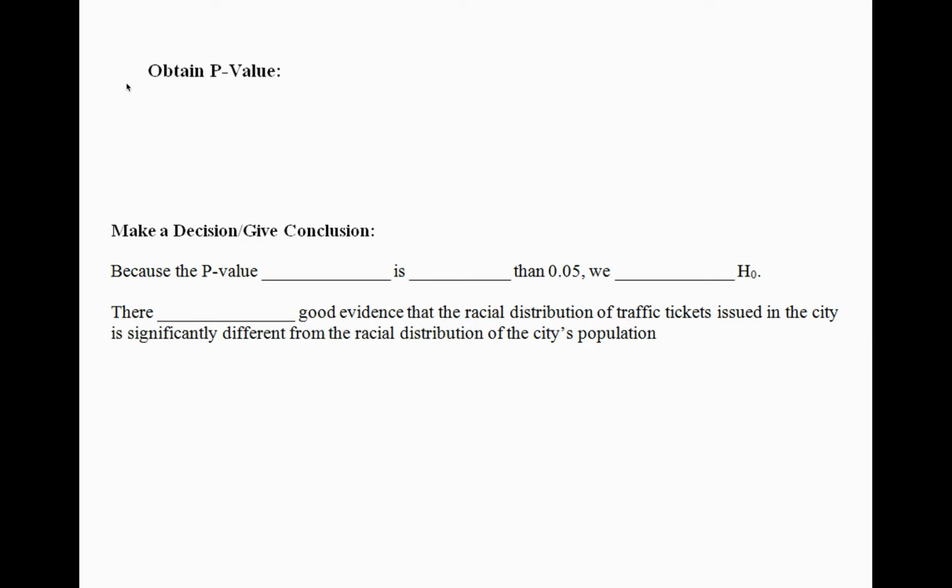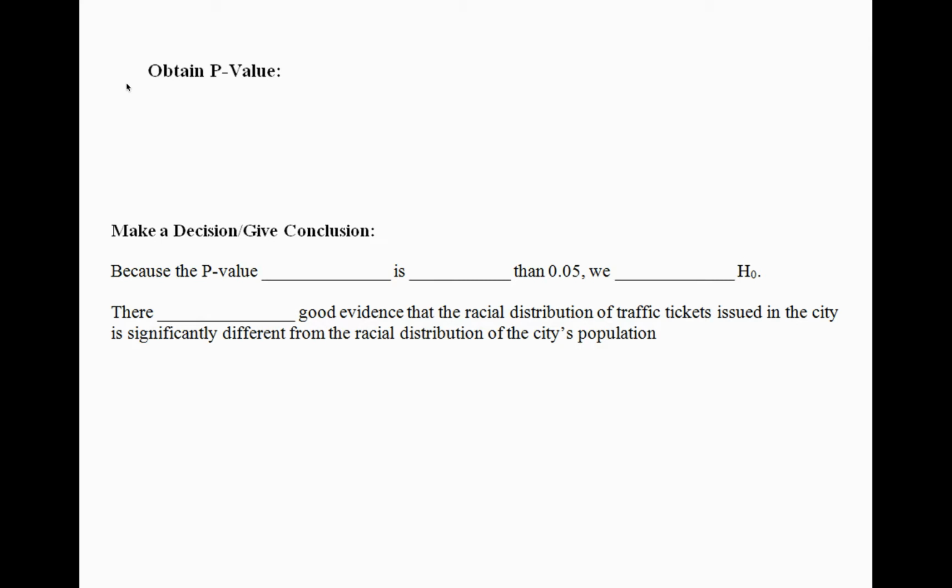Now we need to get our p-value. The first thing we're going to do is look it up on the table, and then I'm going to show you how to get the p-value on your calculator. So remember, we had degrees of freedom 3. If you look on your yellow table, and remember we're on table C, which is the side that has the skewed distribution, and we look in that row, our test statistic is 8 point something, and that falls between 7.81 and 9.35 on your table.